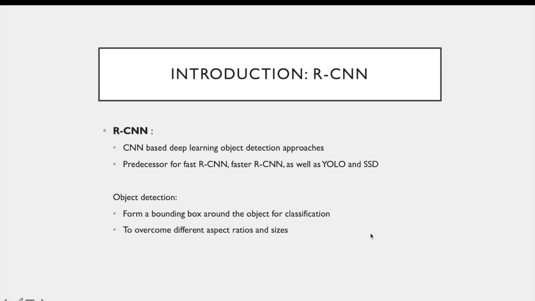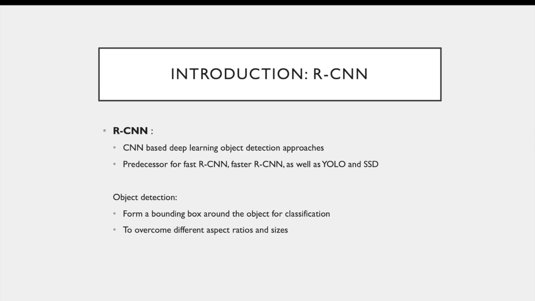Based on this, we have Fast R-CNN and Faster R-CNN for faster object detection. We also have YOLO, You Only Look Once, and SSD, the Single Shot MultiBox Detector. In order to do object detection, we need to know the class of the object and also the size and coordinates of the bounding box.